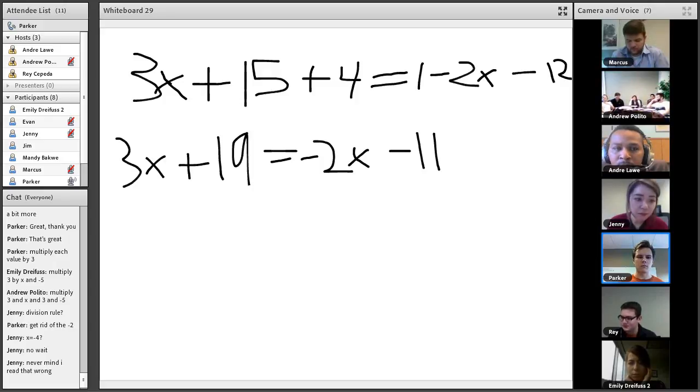So then I moved the x term over. So I added 2x to both sides.